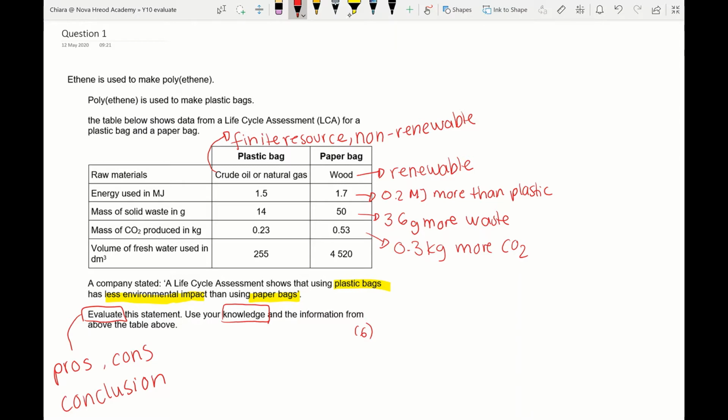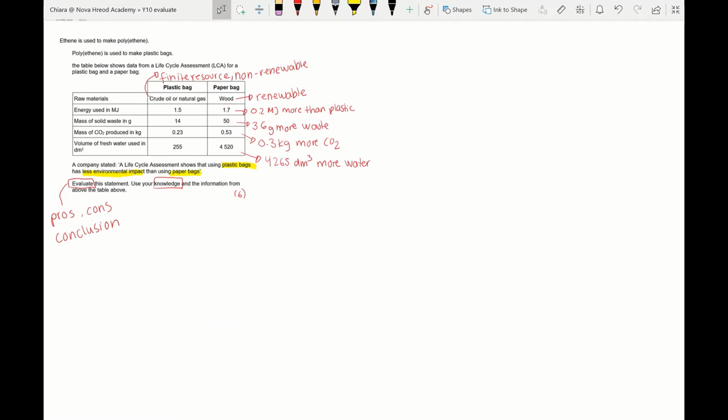And the last one, volume of fresh water used in dm cubed, so decimeters cubed, and a paper bag, as you can see, uses way more water compared to a plastic bag. Right, so this is all of the information that we get from the table.